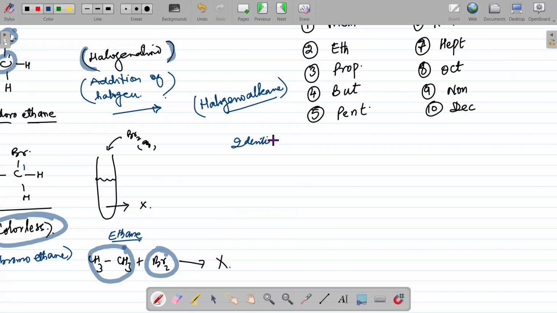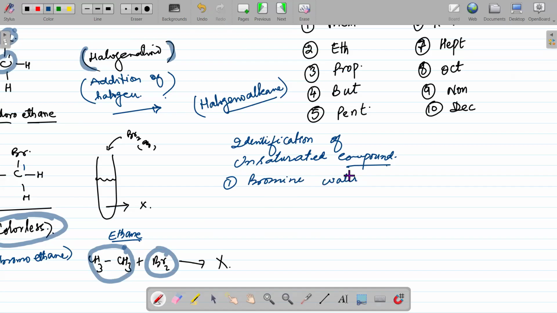Okay, similarly, there is one more test which is very important for the identification of unsaturated compounds. So two tests are important in our identification of unsaturated compounds. One we have seen is the bromine water test.